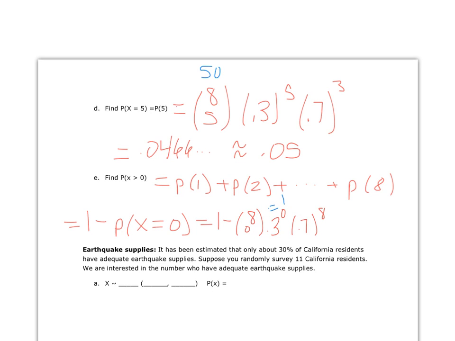We also talked about in that combinations video that 8 choose 0, there is only one way to do that. So the only thing contributing any value here is the 0.7 to the 8. We take 0.7 to the 8 and get 0.0576. Subtracting that from 1 and rounding, we get about 0.94.